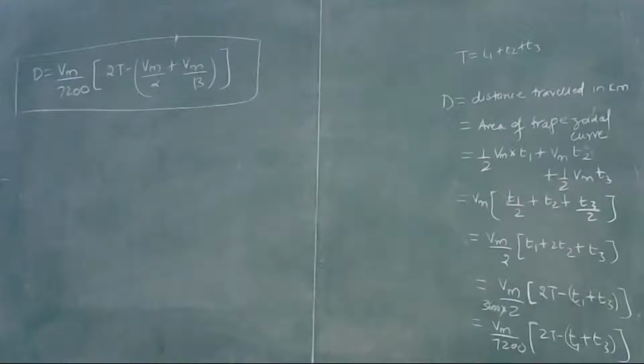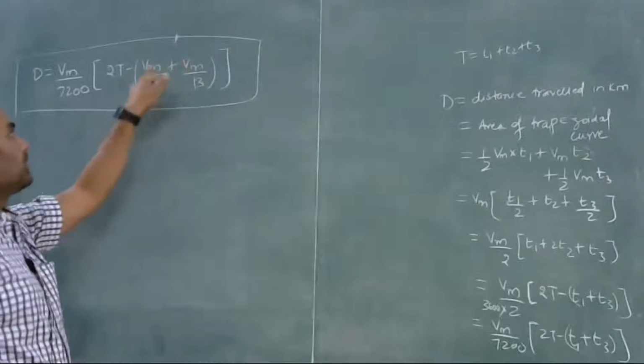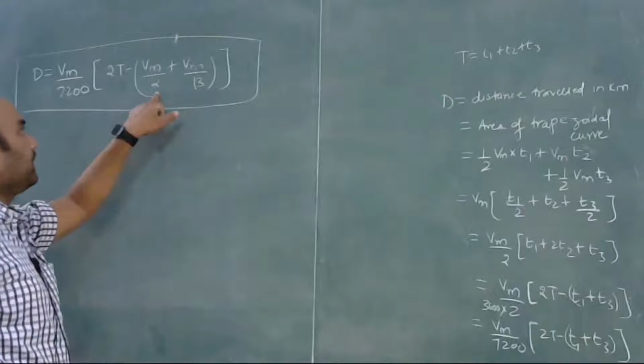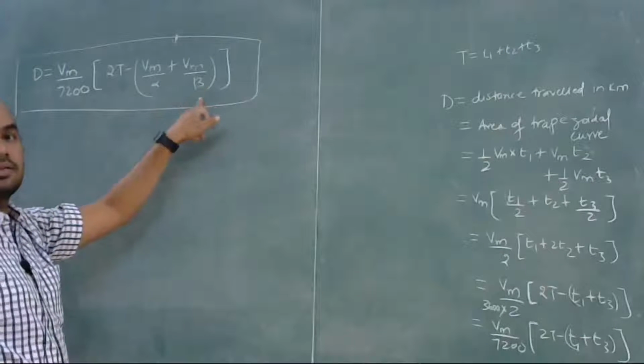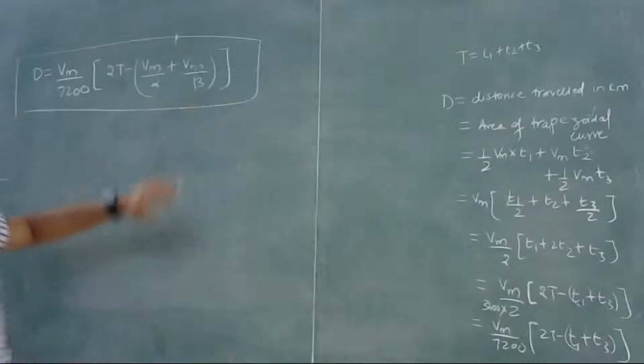D is equal to Vm upon 7200 into (...), T is total time traveled by the locomotive, Vm is the maximum speed, alpha is acceleration, and beta is deceleration. So in this way you can find the speed and distance traveled.